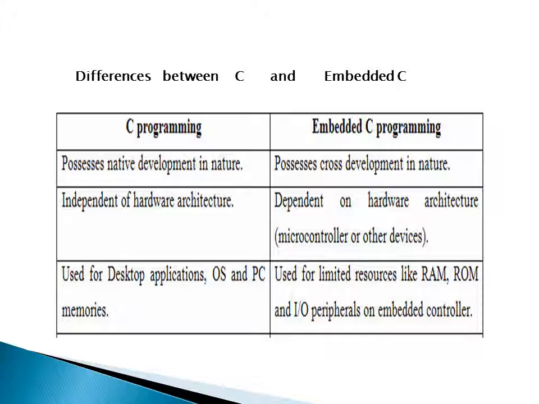Second point, C is independent of hardware architecture, whereas embedded C is dependent on hardware architecture, that is the microcontroller or other devices. Third point, C programming is used for desktop applications, OS and PC memories, whereas embedded C is used for limited resources like RAM, ROM and input-output peripherals on an embedded controller.